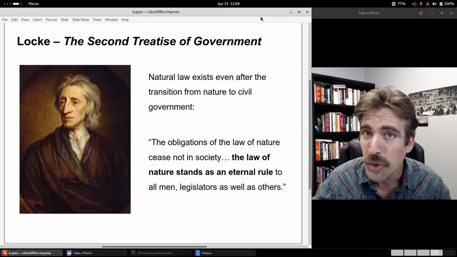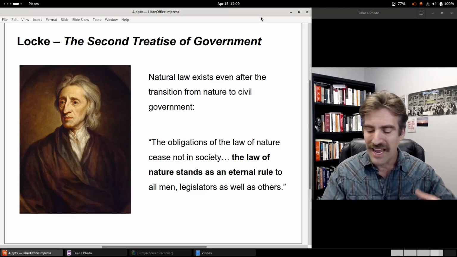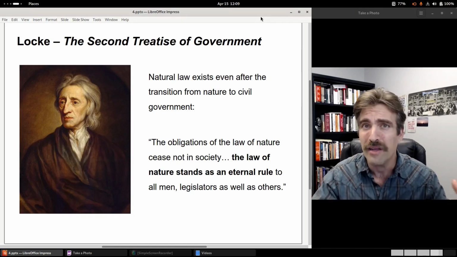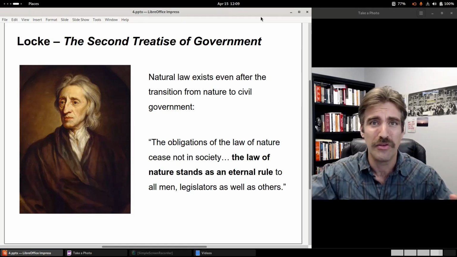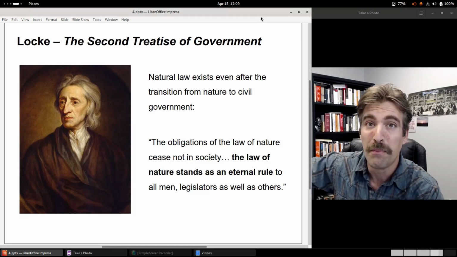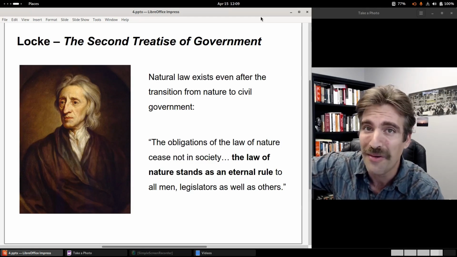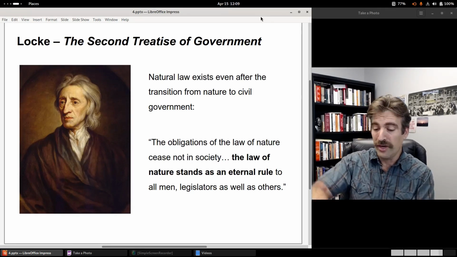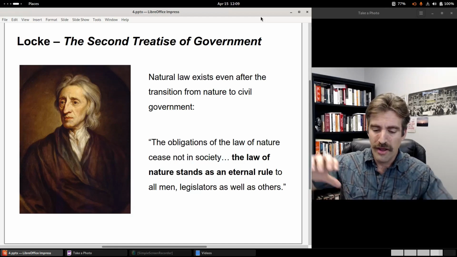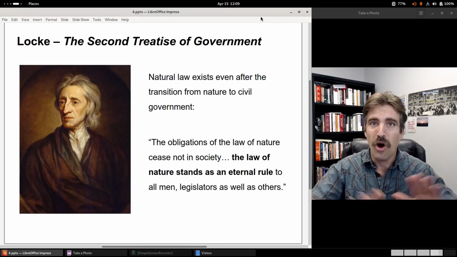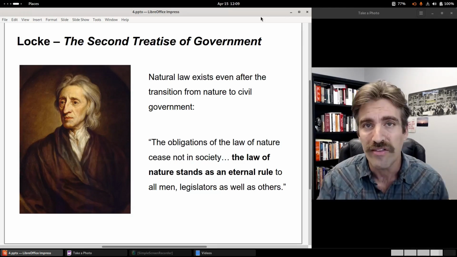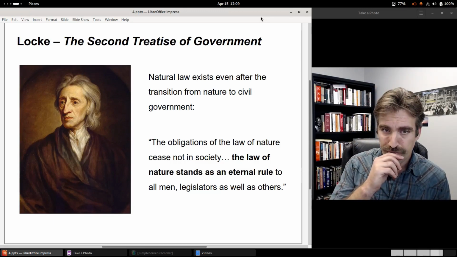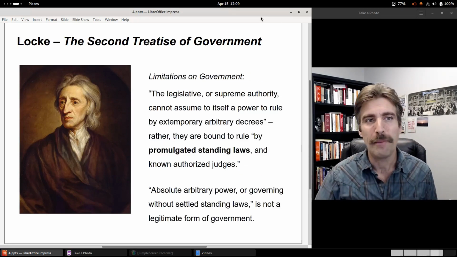It's not a social construct, it's not a product of Western civilization or whiteness, or subjective to Anglo political thought. No, this is a law whose authority derives from God, the Creator, that applies everywhere to all men and to all institutions, including the most supreme branch of government, the legislature. So this, again, limits the power of government.